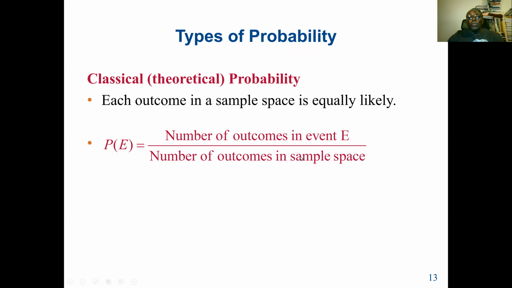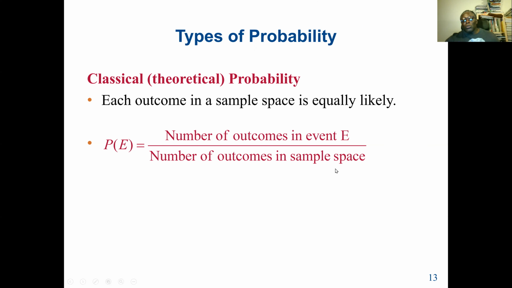So this is like looking for a part of something, or a proportion of something. That's why we say classical probability is the same as the concept of relative frequency.